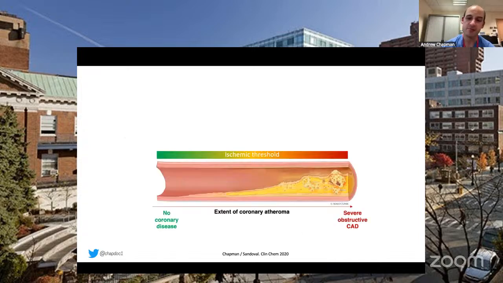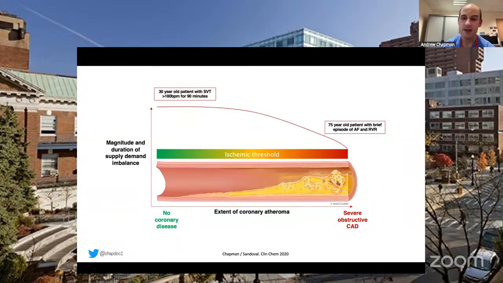If we think of an example of the coronary artery disease model, on the left-hand side of this figure, when I came up with this illustration, I was a bit younger, but a patient who had a tachycardia with SVT of 180 for over 90 minutes and normal coronary arteries, I would expect them to tolerate that fairly well without evidence of myocardial ischemia. Conversely, a patient with severe obstructive underlying coronary disease may not tolerate atrial fibrillation with a rapid ventricular response very well, and their ischemic threshold will be significantly lower.